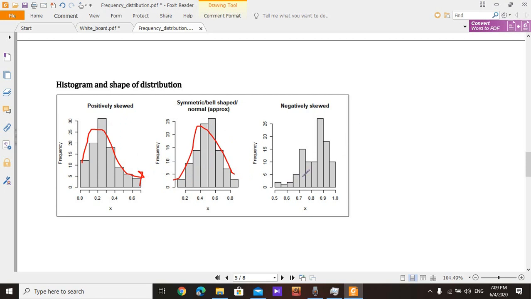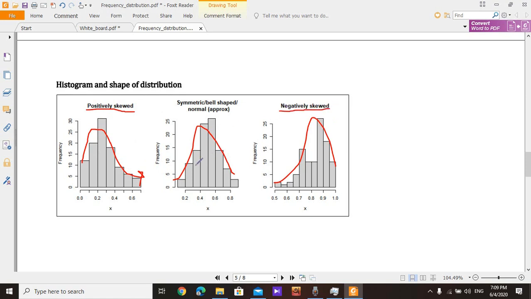And in this histogram we can see there is a long tail to the left. If a histogram has a long tail to the right, we call it a positively skewed distribution, and if a histogram has a long tail to the left, then we say it is a negatively skewed distribution.